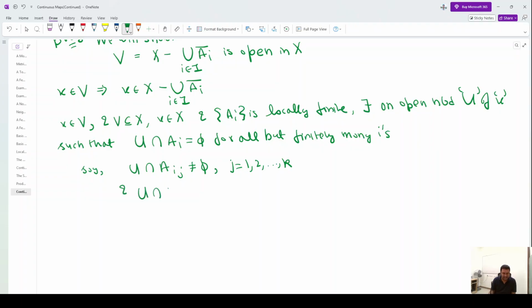And U intersection A_k is always empty for every k not equal to i_j. Right, that is the condition. Is it fine? Okay.